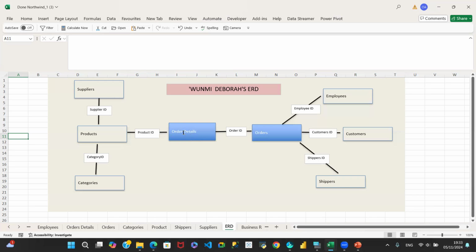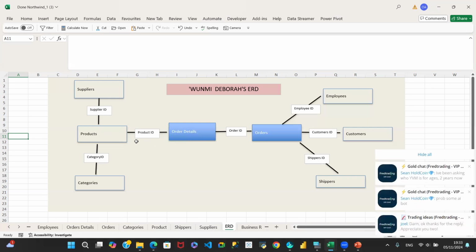Okay, so you know how we said order details and orders capture all the orders that have been made, and that's what you call your transaction table, where transactions happened. Now, the different product ID: how products table is communicating to order details, because on both of them we have product ID. On order details we have product ID, and on products table itself we have product ID.